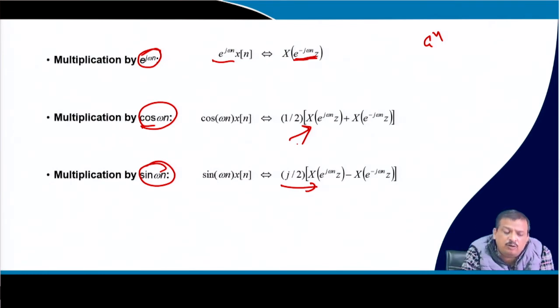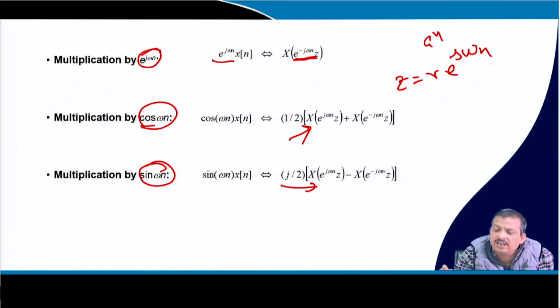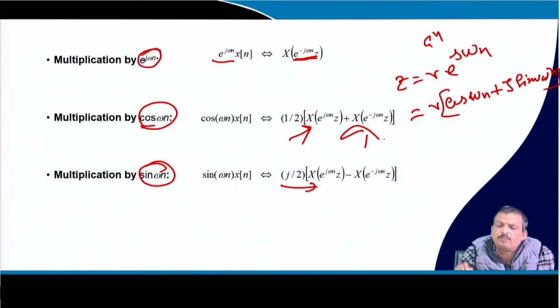When I go for cos omega n, I can say z is r e to the power j omega n. So in that case z is r (cos omega n plus j sin omega n). Then I have an infinite series, then I do the Z transform.